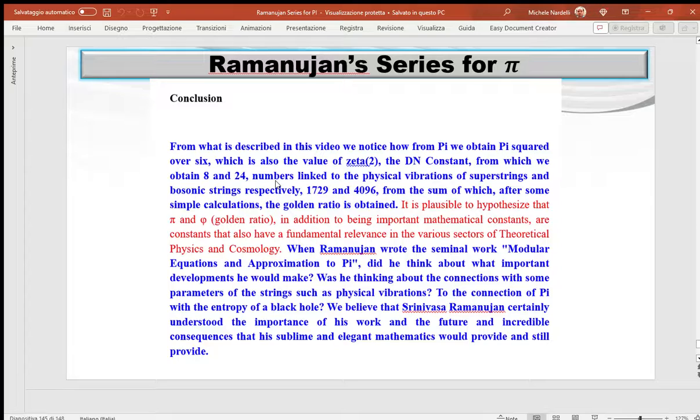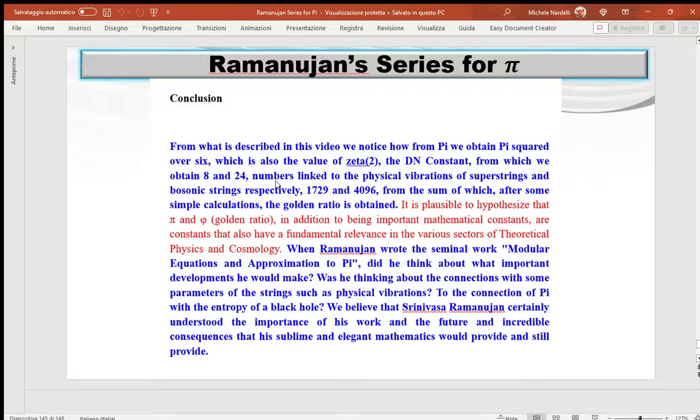When Ramanujan wrote the seminal work Modular Equations and Approximations to pi, did he think about what important developments he would make? Was he thinking about the connection with some parameters of the strings, such as physical vibration, and the connection of pi with the entropy of a black hole and the area of the event horizon of a black hole?